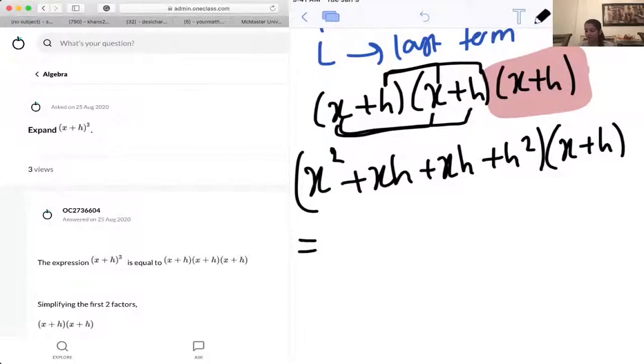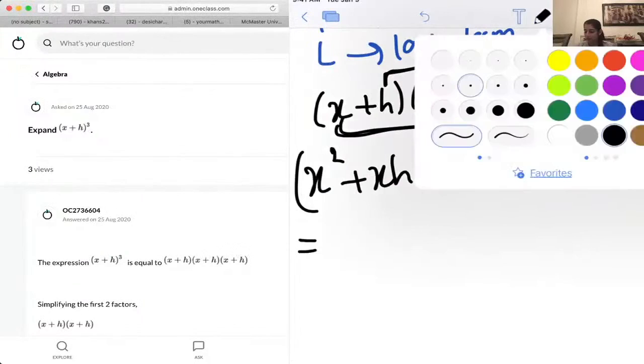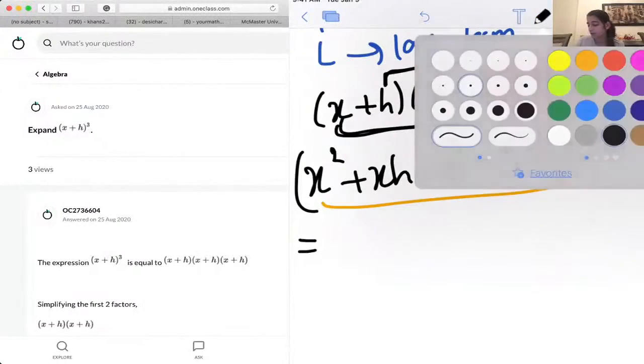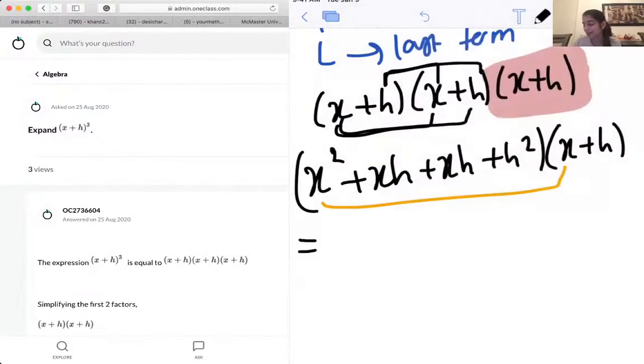So now we're going to do the same thing again. x squared plus x. So x squared times x is x cubed, and then we're just going to do that with all of the terms.